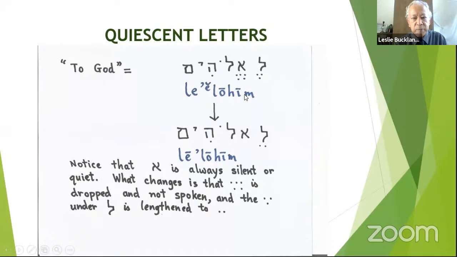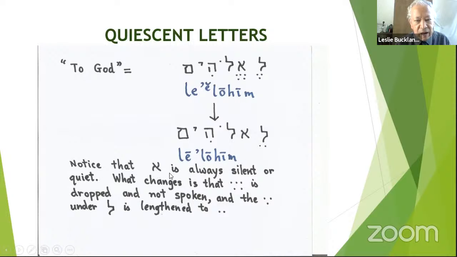And as a result of becoming quiet, the composite schwa that was underneath it disappears and therefore is not pronounced. And so you bypass this and you say lay, and you continue with lo-him, lay, lo-him.